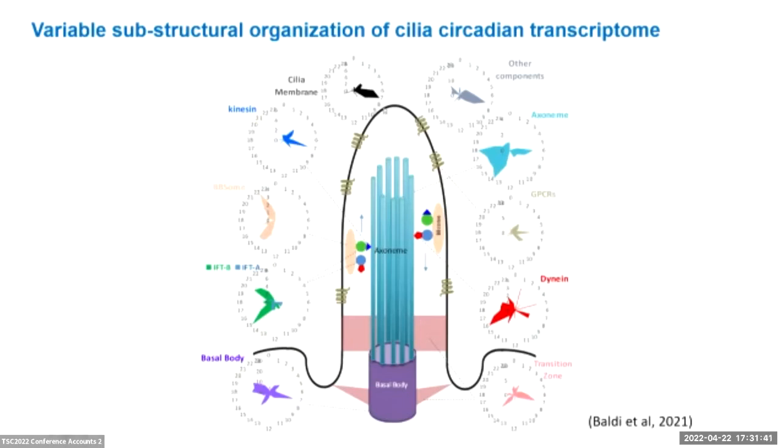For example, the different genes that are part of the kinesin system have a peak during the day at around 7 hours, while, for example, the intraflagellar transport B and A have a peak at 15 hours.